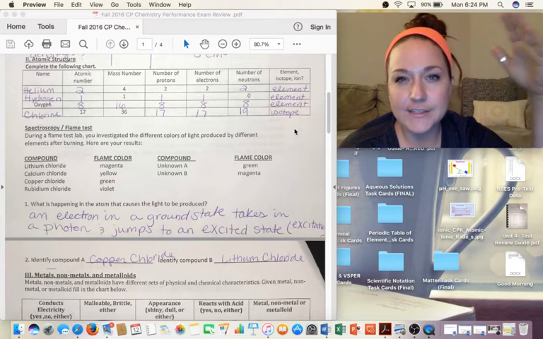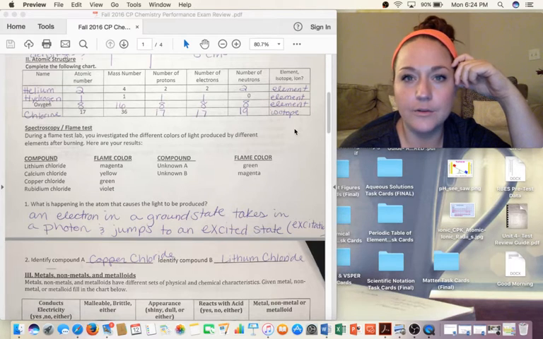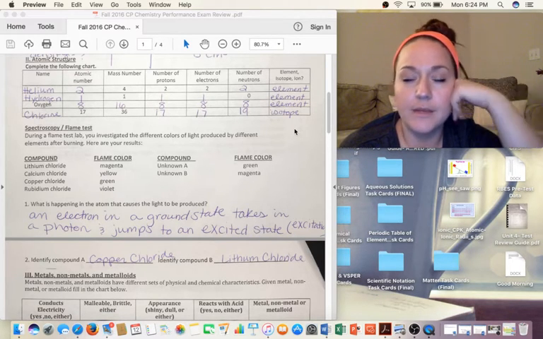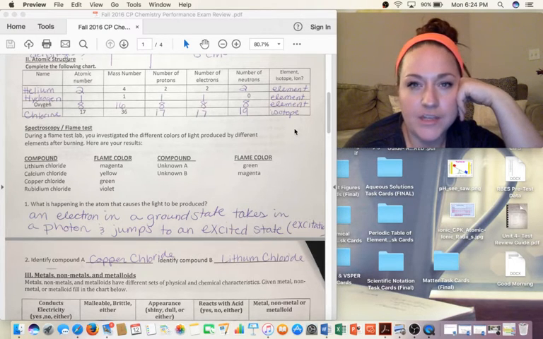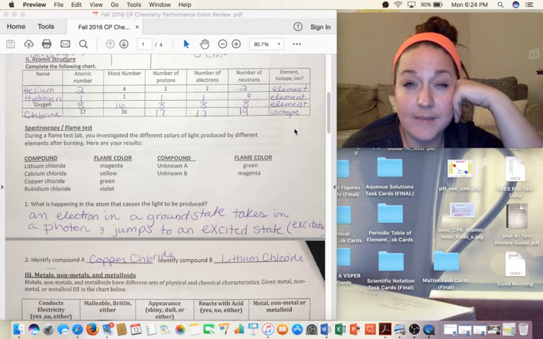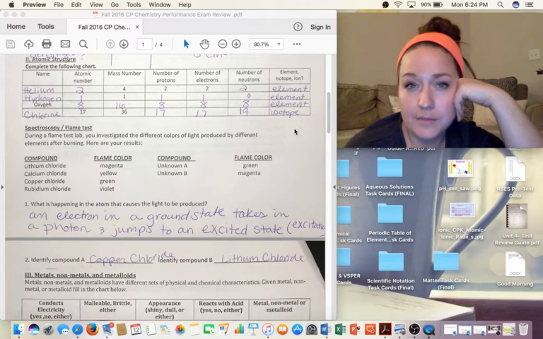Remember that isotopes are like identical twins. Maybe fraternal twins would be a better example. Fraternal twins, where even though they have the same genetic makeup and the same chemical properties and the same identity, they could be very different. One may be very, very tall. One can be very, very short.